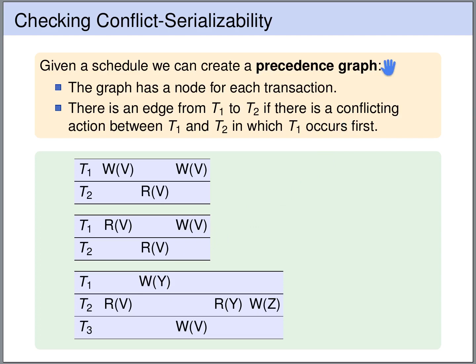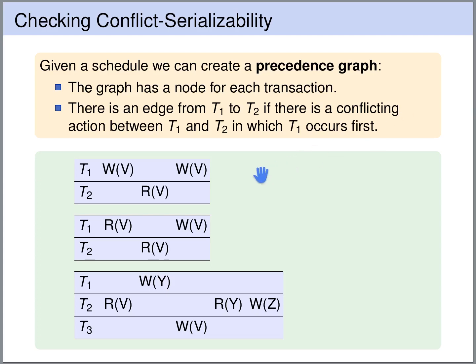A precedence graph is a graph whose nodes are the transactions, so the nodes are T1, T2, T3 and so on. And in this graph we have an edge from T1 to T2 if there's a conflicting action between T1 and T2 in which the action of T1 appears first. And it's very important to understand that we are now not only looking at adjacent actions, the actions can be arbitrarily far apart. The only condition is that they are conflicting and from different transactions.